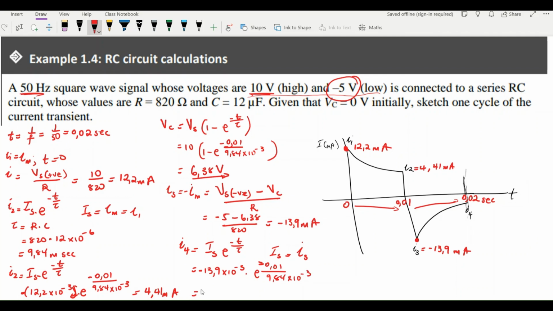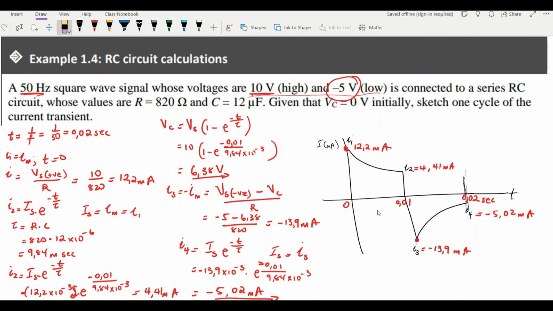This is the last 0.01 seconds phase, from here to here. When you punch that in your calculator, you should get 5.02 milliamperes, so the current here is negative 5.02 milliamperes. Now, at this point, you would have completed your one cycle of the charging and discharging diagram.